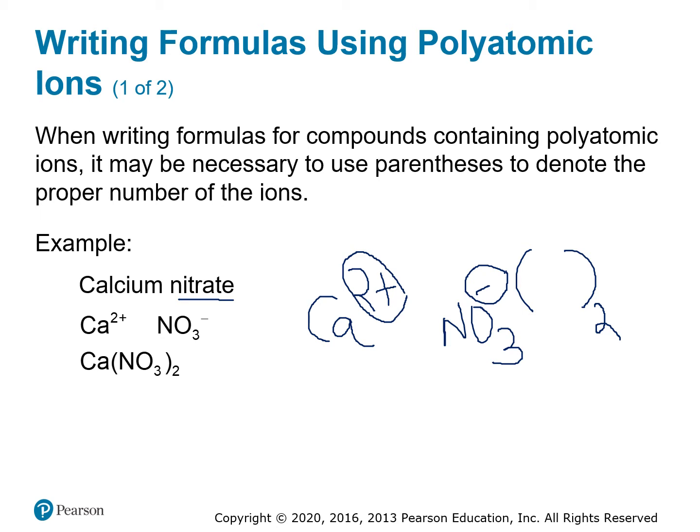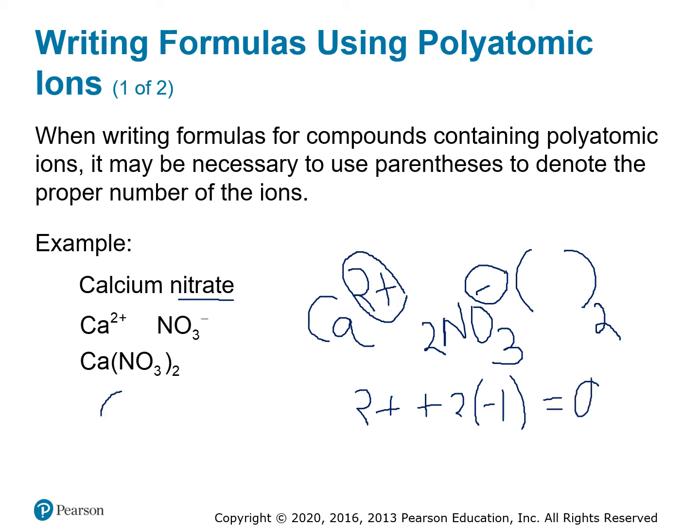So what does that tell you? To get to a neutral charge, you need to have 2 nitrate ions. Then the charges will be 2 plus, 2 times -1, and that will make it a charge of 0.